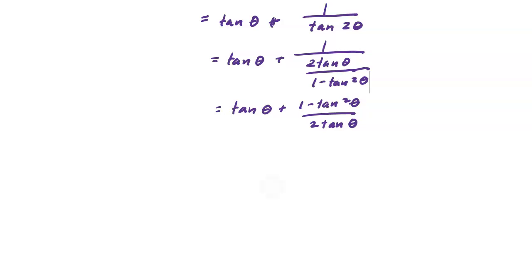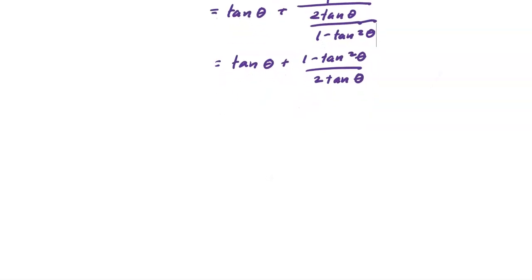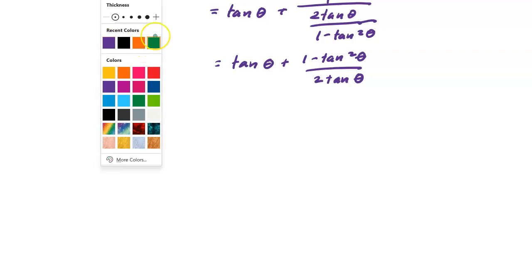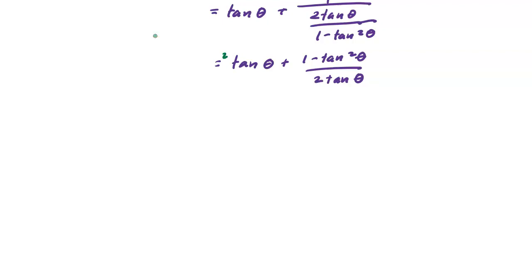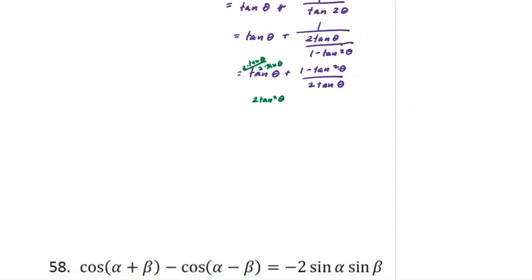Let's go ahead and try it this way. I'm going to do it differently than the way my key says. So I'm going to multiply this by 2 times tangent of theta over 2 times tangent of theta to make it look like my denominator. So we have 2 times tangent square theta over 2 times tangent of theta.